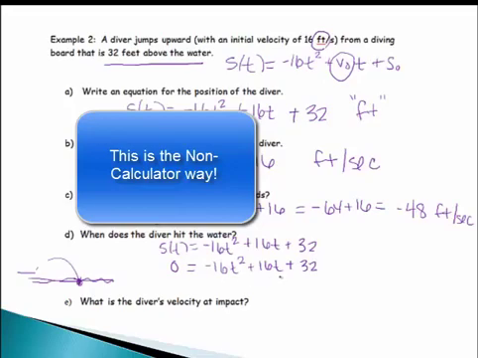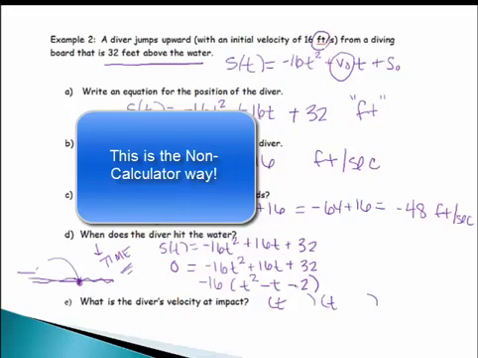And how do I solve for t? I need to factor. So I can pull out a negative 16. Let's factor this trinomial into 2 binomials. Notice the negative 16 doesn't really have anything to do with my problem anymore because there's no variable attached to it, so I'm just focusing right here. Remember, I'm trying to figure out when, which means time.